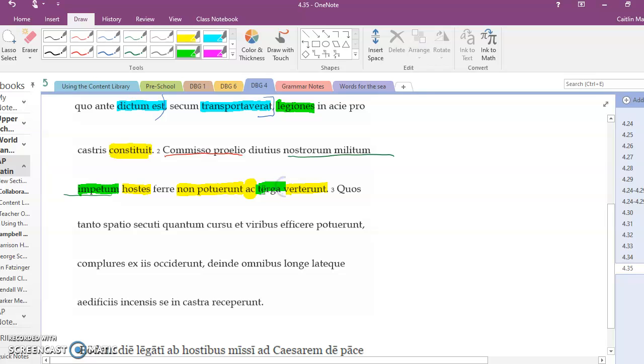Terga, of course, object. Right, quos, object, probably. Tanto spatio secuti is a participle, right? Having secutied quos, tanto spatio. Having followed, tanto spatio.